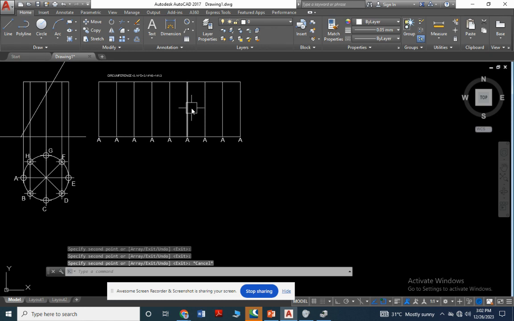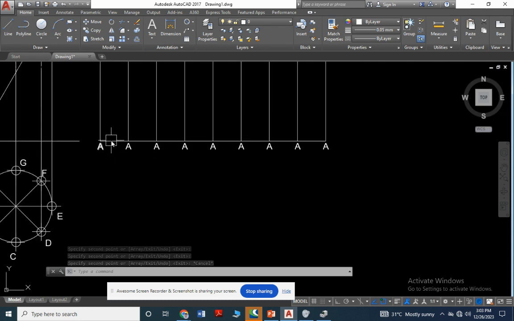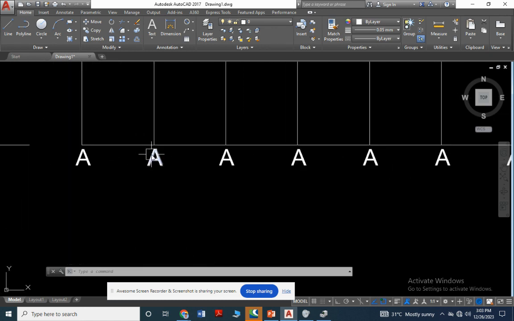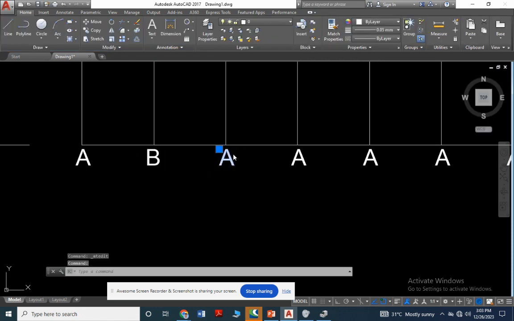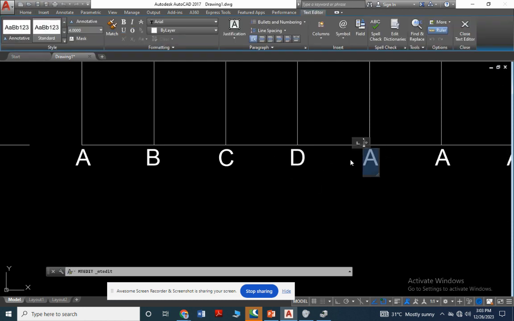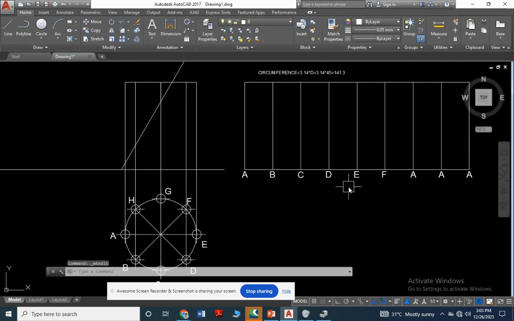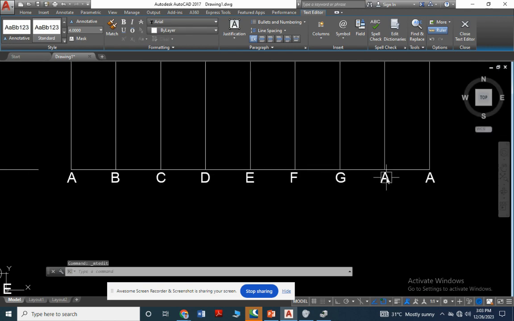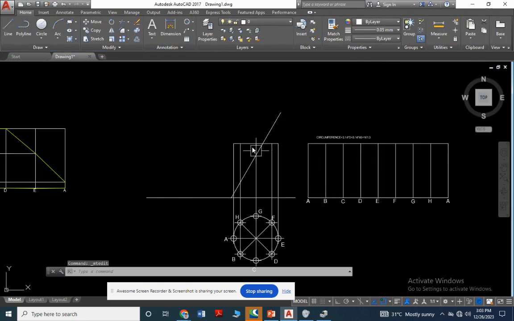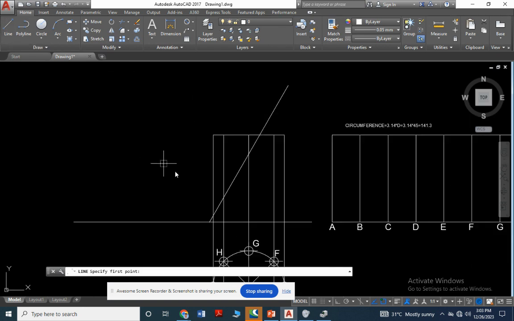One, two, three, four, five, six, 7, 8. Now change to B, C, D, E, F, G, H, A.